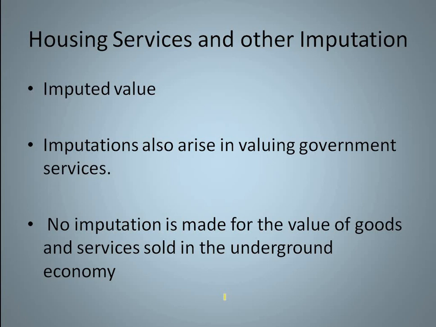These imperfections are most problematic when we compare standards of living across countries. Yet, as long as the magnitude of these imperfections remains fairly constant over time, GDP is useful for comparing economic activity from year to year.